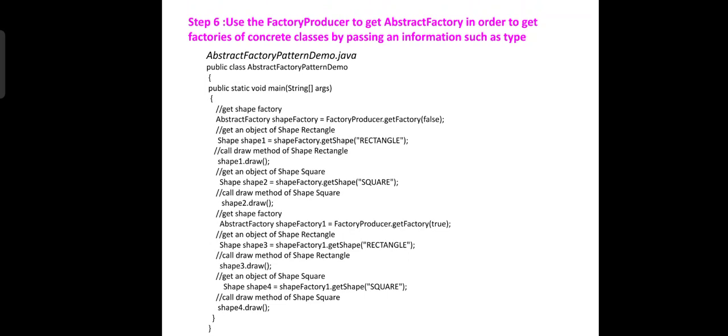Like that, for square and rectangle we will get an object of shape, and then we will call the draw method for the particular shape. Shape2 is the object which is created for square, shape3 is the object which is created for the rectangle, and shape4 is the object which is also created for the square. So after getting those objects we will call the draw method for the particular shape.